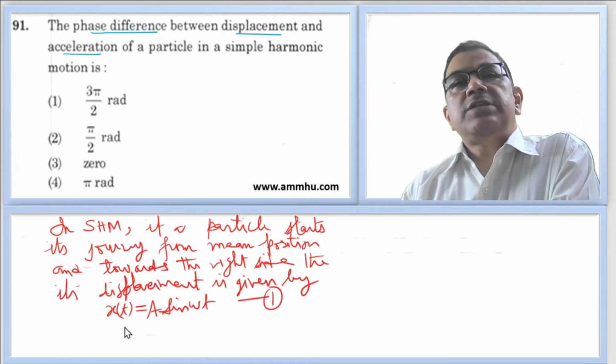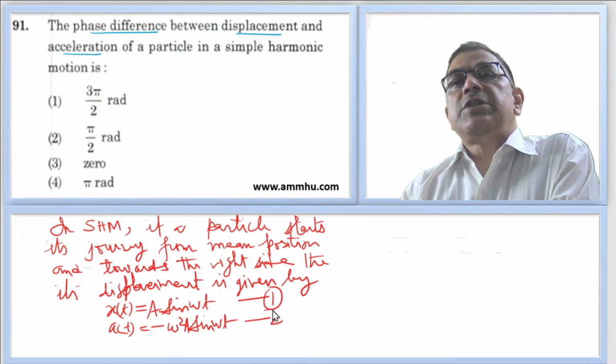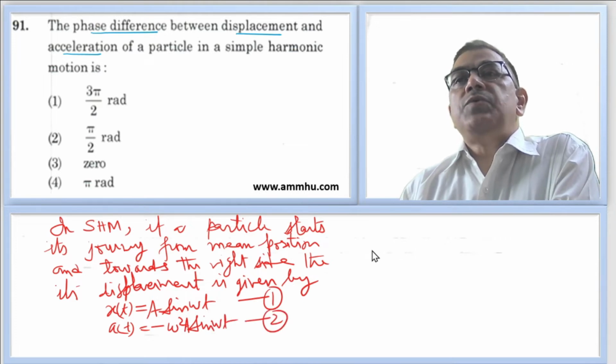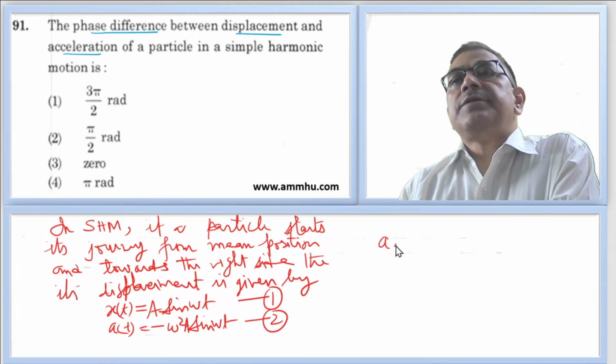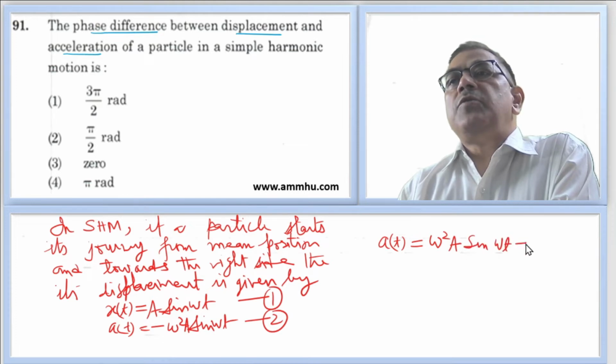Now differentiate it twice. We will get acceleration at time t is equal to minus omega square a into sine omega t. This is relation number 2. And relation number 2 can be rewritten as omega square a sine omega t plus pi.